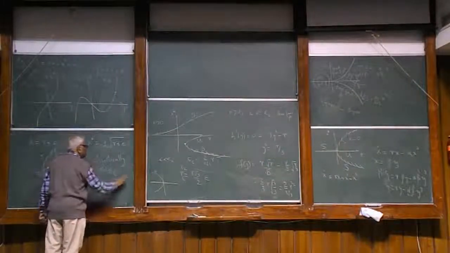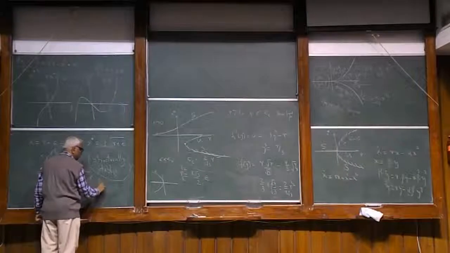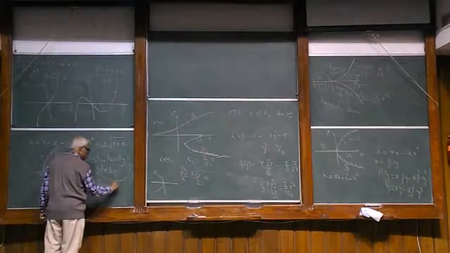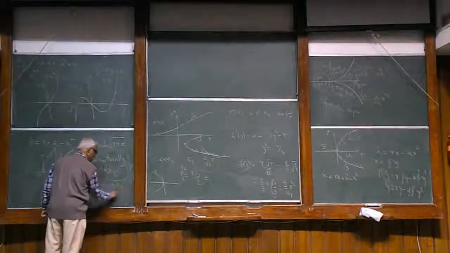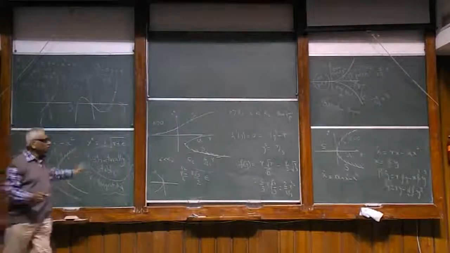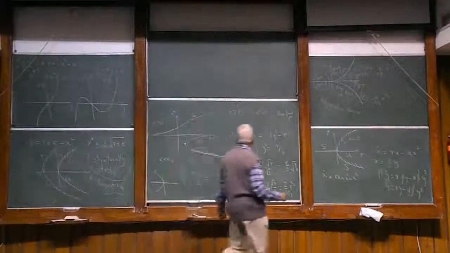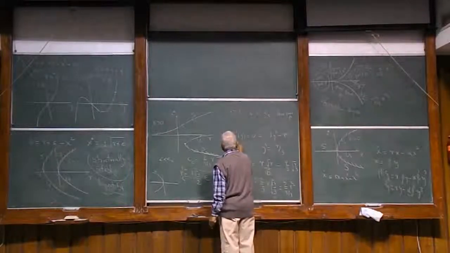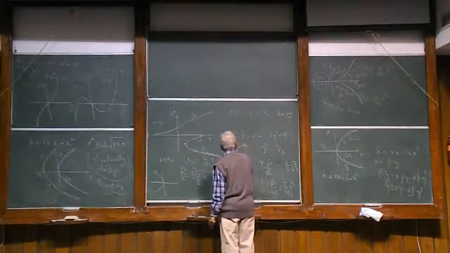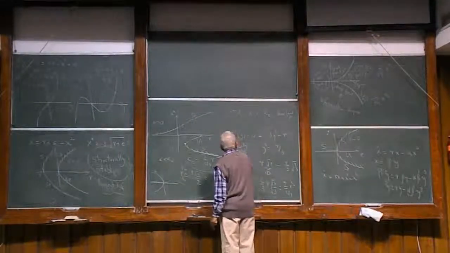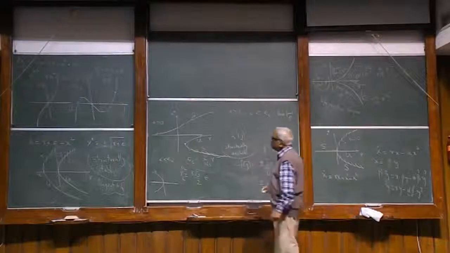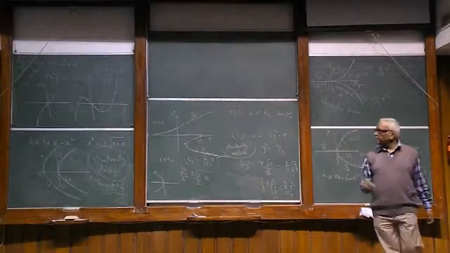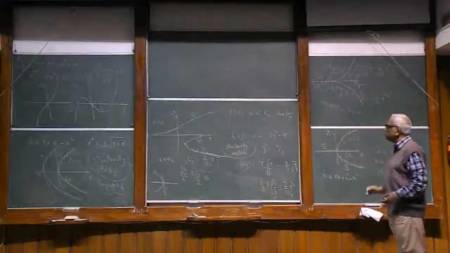So the tangent bifurcation is structurally stable, whereas this chap over here is structurally unstable. Both the transcritical and the pitchfork are structurally unstable.